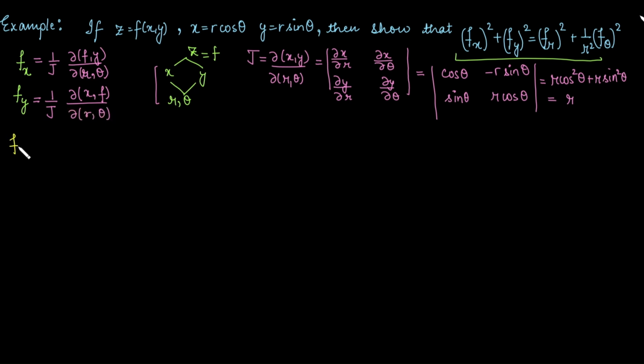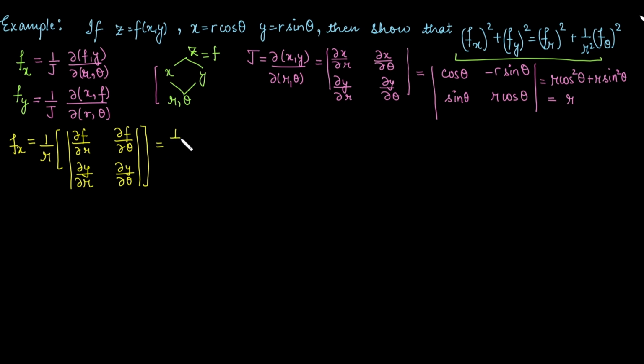Now calculating the first partial derivative of the function with respect to x, the value of J is equal to r. This means we need to calculate the partial derivative of the function with respect to r, partial derivative of the function with respect to theta, partial derivative of y with respect to r, y with respect to theta, and then we need to take its determinant.